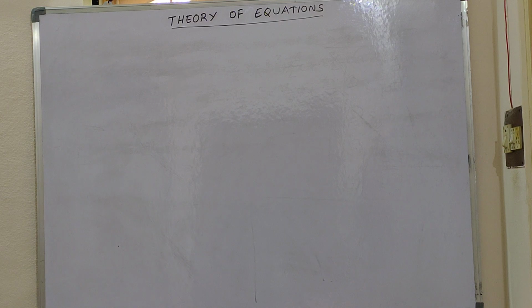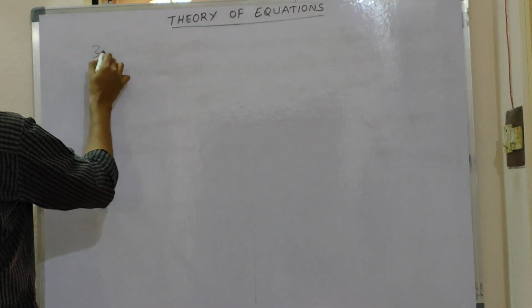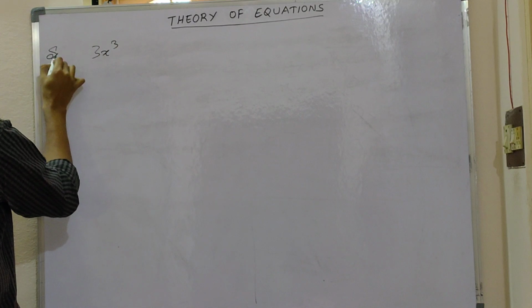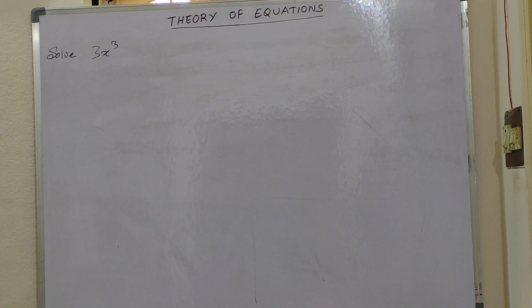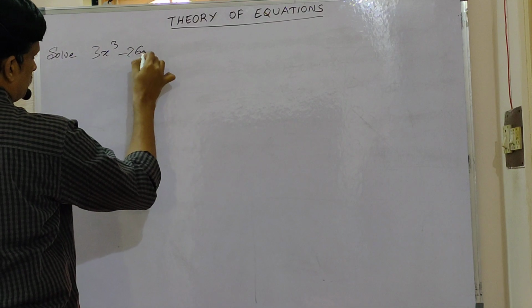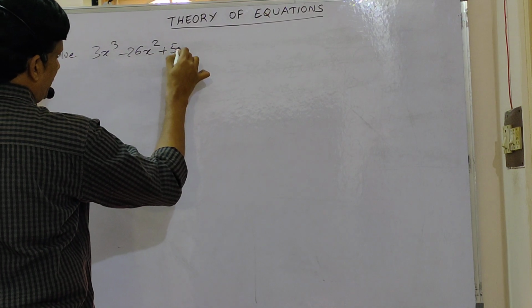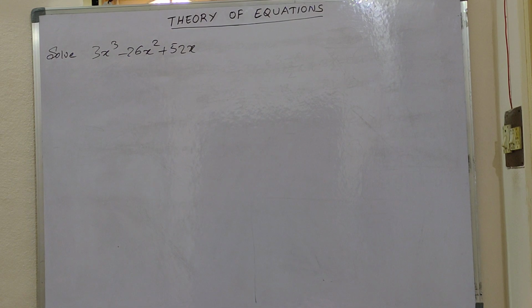Solve the polynomial 3x cube minus 26x square plus 52x minus 24 equal to 0.